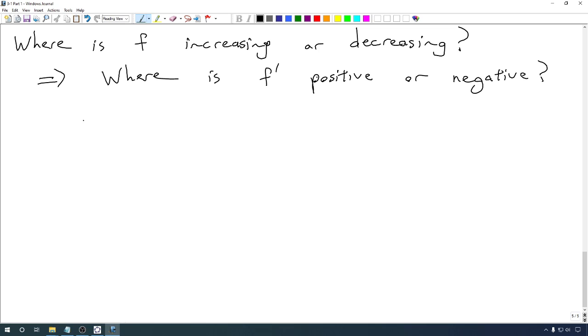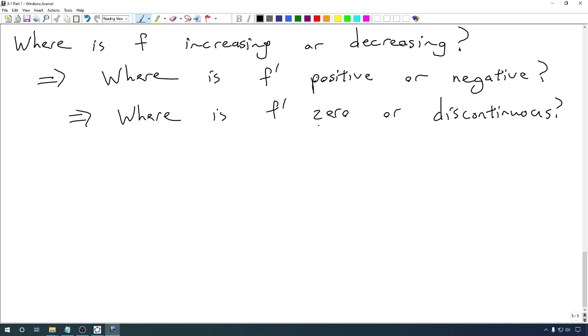And based off what we did on the previous page, this essentially turns into the question, where is f prime 0 or discontinuous? Because if we can determine where f prime is 0 or discontinuous, that will allow us to find out where f prime is positive or negative, and that essentially immediately tells us where f is increasing or decreasing.